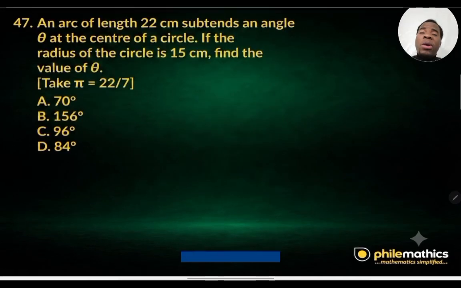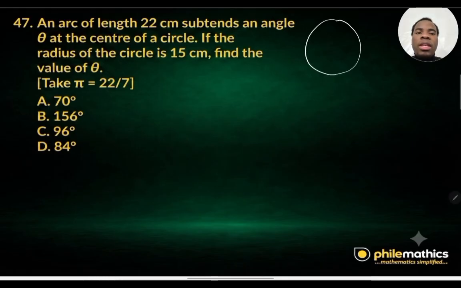This question tests our understanding of length of an arc. It says an arc of length 22 cm subtends an angle of theta at the center of a circle. If the radius of the circle is 15 cm, find the value of theta. I think it would be a good idea to sketch this so we have a feel of what we are solving.